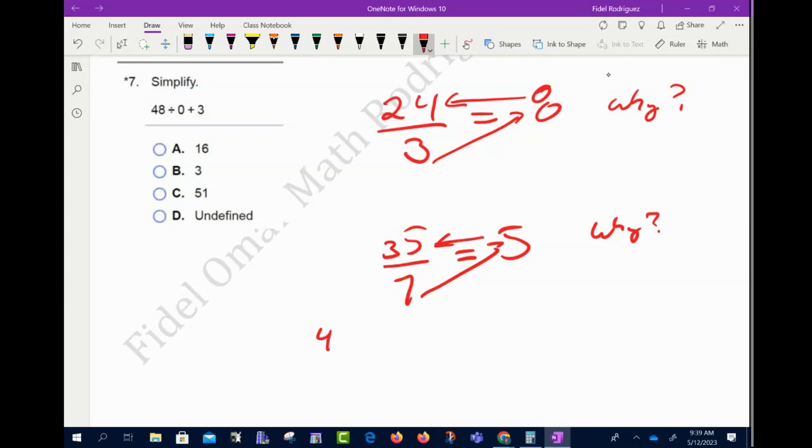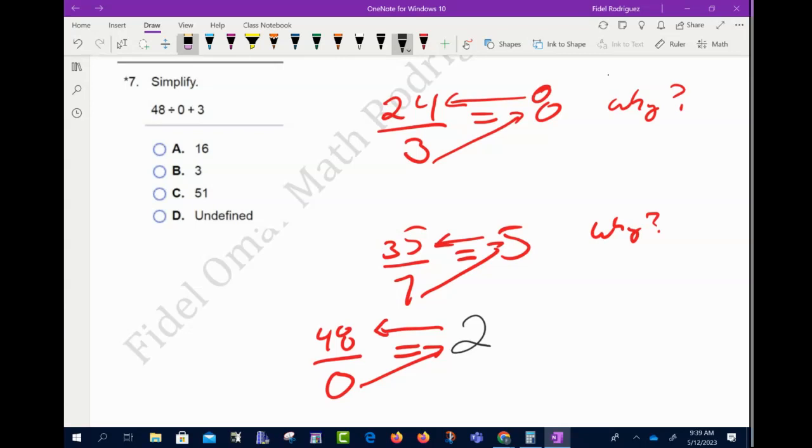Okay, so look, y'all, if we were to say, what's 48 divided by 0? What answer would you think? Okay, well, if we put 0, would you say 0 times 0 is going to give you 48? Okay, I was just kidding. It's not 0. What number do you think I could put there? Could I put 2? Would that work?